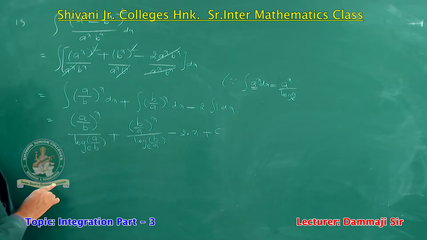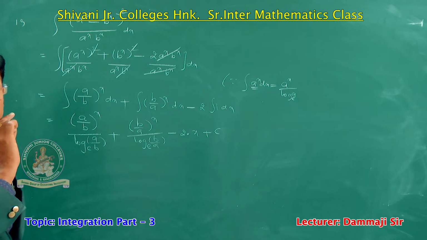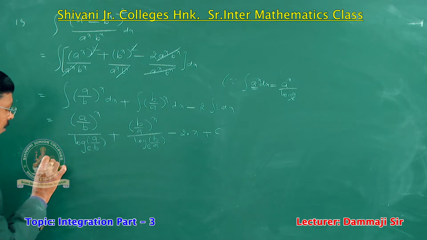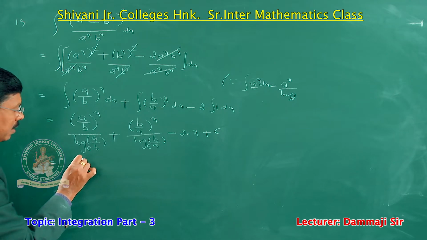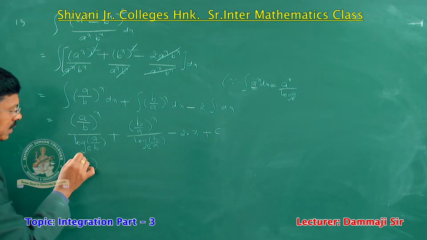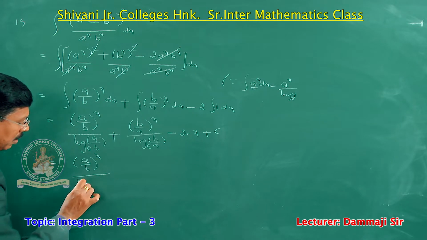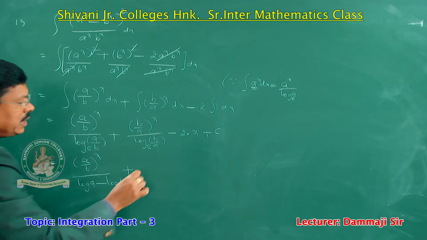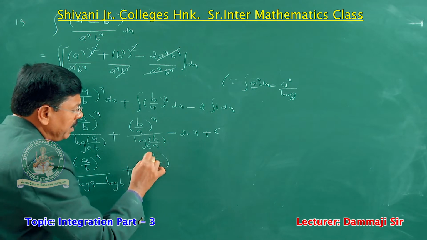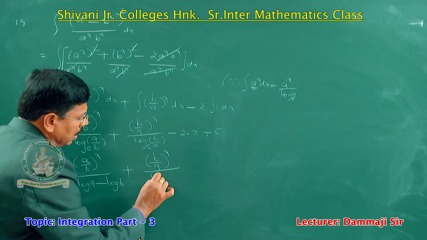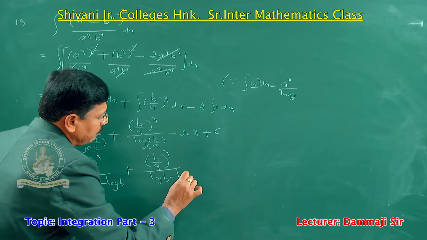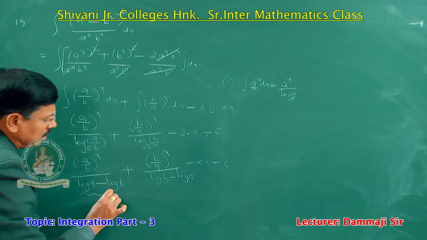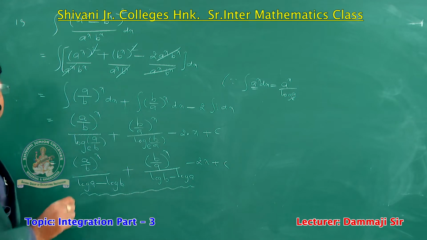According to the properties of logarithms, you know very well that log of a by b is nothing but log of a minus log of b. So that is a by b whole power x over log of a minus log of b. For the second term, b by a whole power x over log of b minus log of a, minus 2x plus c. In the denominator of the first two terms, we prepare a common factor.